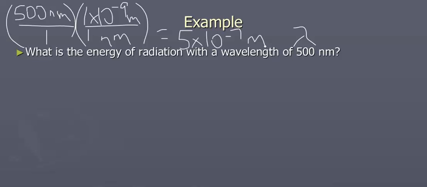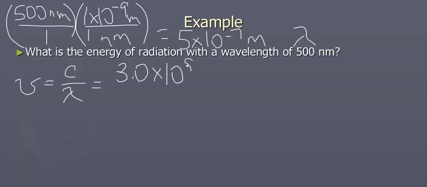I want to find energy. In order to find energy, I have to know frequency. So here's what I'm going to do first. I'm going to find frequency. If I know wavelength, I can use this equation right here. Frequency is the horseshoe. That's the nu. I'm going to take c, which is the speed of light, going to divide by the wavelength, and I changed the units to meters already. 5 times 10 to the negative 7th meters.